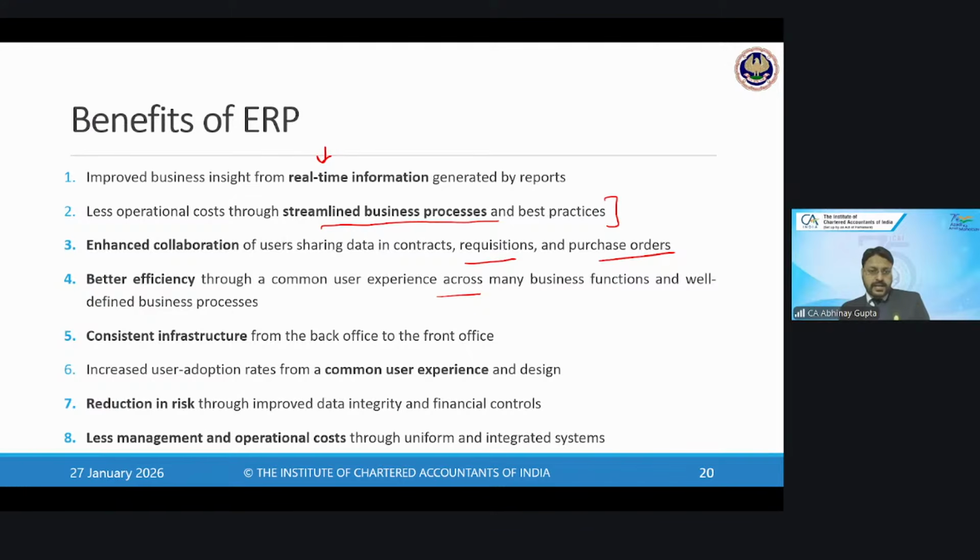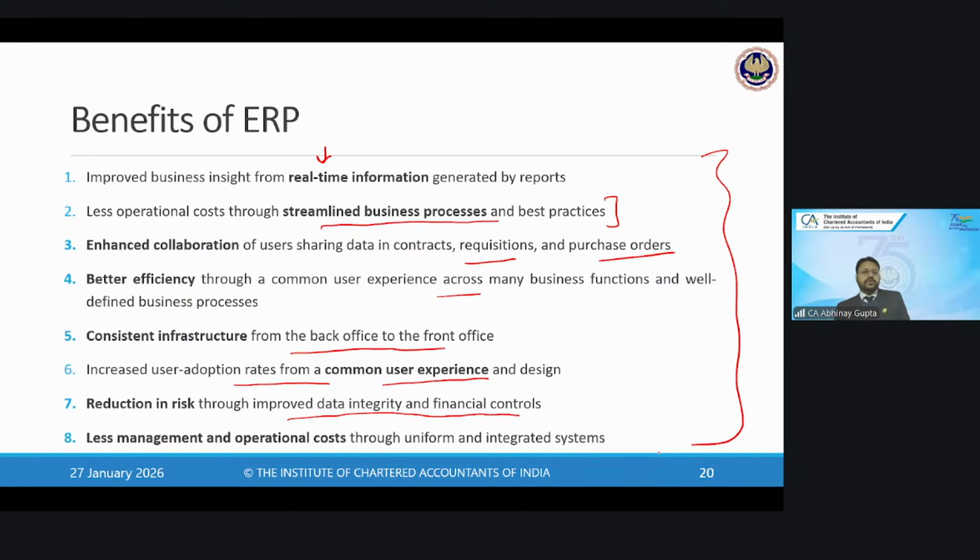Consistent infrastructure from back office to front office, increased user adoption rates from a common user experience and design, a reduction in risk through improved data integrity and financial controls, and less management and operational costs. So these are the advantages for organizations using ERP over manual processes.